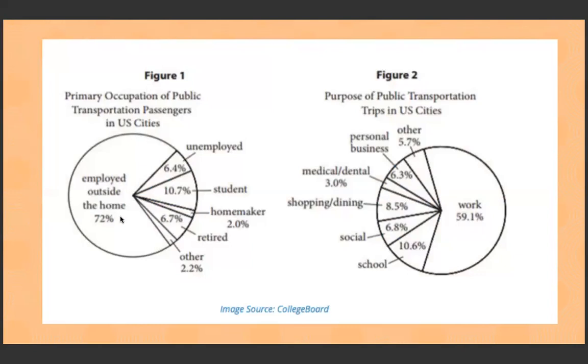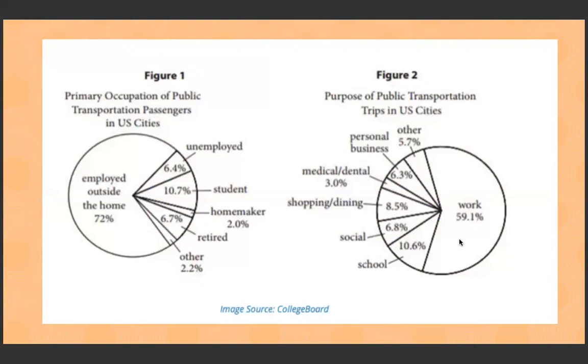So the employed outside of the home, 72%. Unemployed students, the homemaker, retired people, and other. And then where are they going? What's the purpose? Okay. And don't forget, in a pie graph, you're always dealing with percentages, and the percentage should always equal 100%.